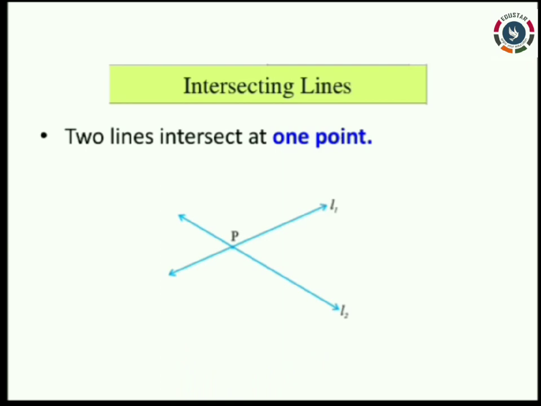Look at this diagram. Two lines L1 and L2 pass through one point P, right? We can say the lines L1 and L2 intersect at point P. If two lines have one common point, then the lines are called intersecting lines.